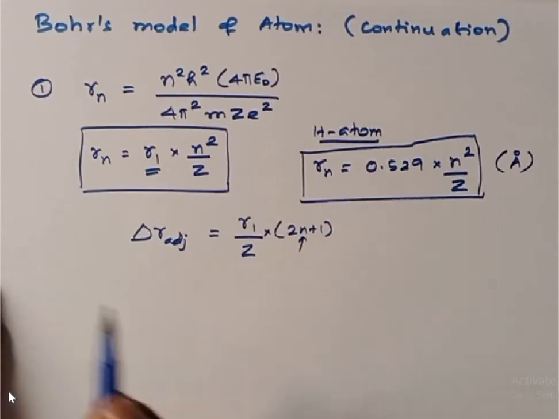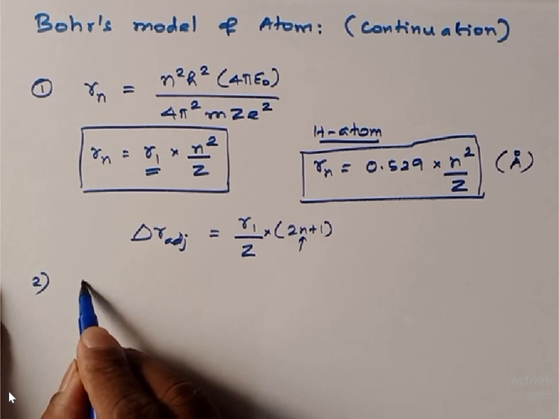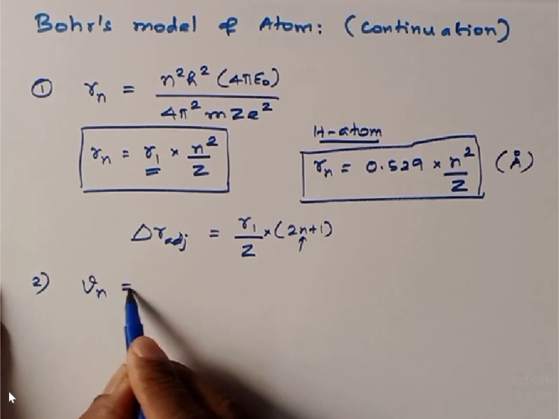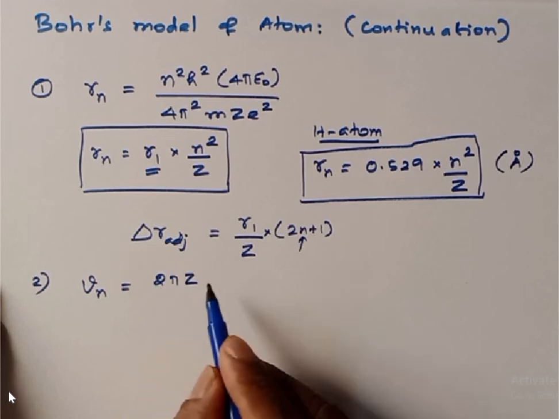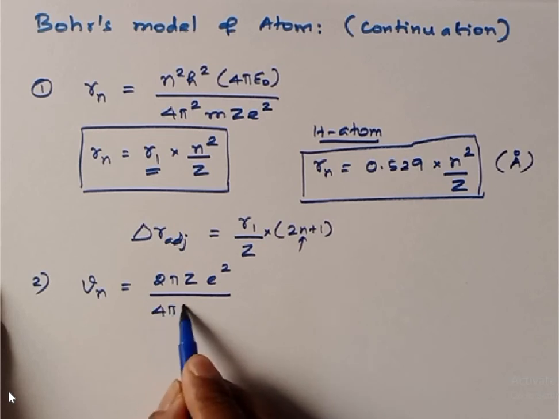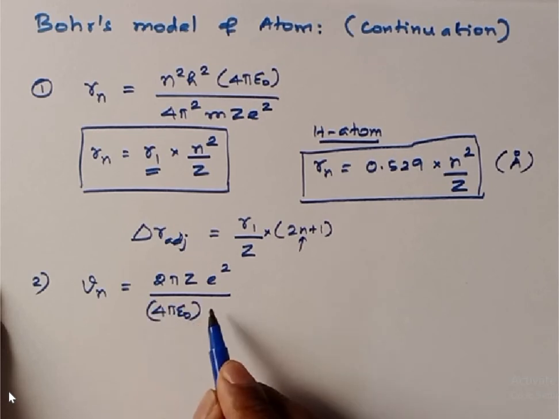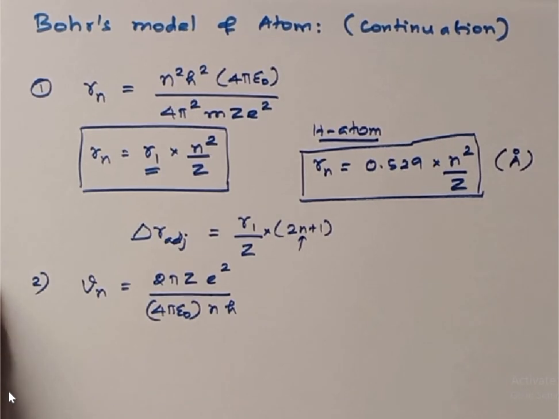Then the second quantity that we discussed is the velocity of the electron in the nth orbit, and the formula for this is 2 pi z e square over 4 pi epsilon naught into n into h. This is the formula for velocity of the electron in the nth orbit.